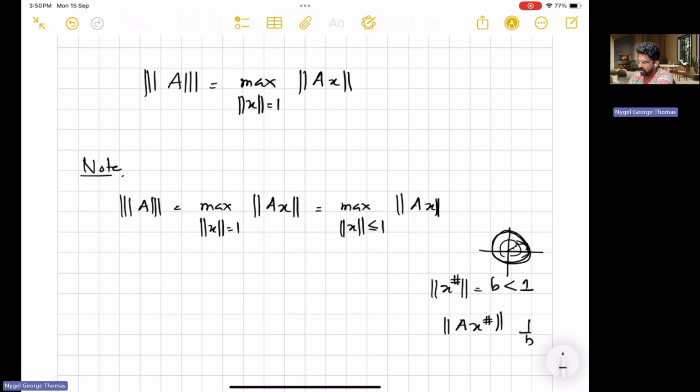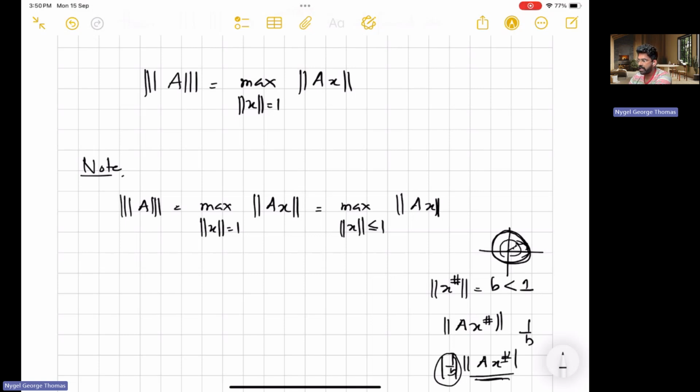By the homogeneity property, the new value will be modulus of 1 by b times norm of A x hash, which will of course be greater than the maximum value which we had already found, because 1 by b is greater than 1 and multiplying a positive quantity by a value greater than 1 gives a greater value.